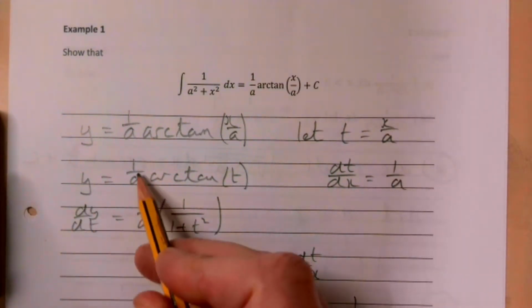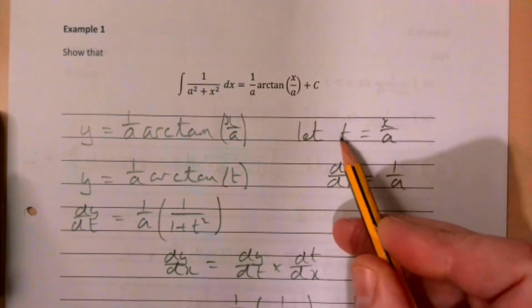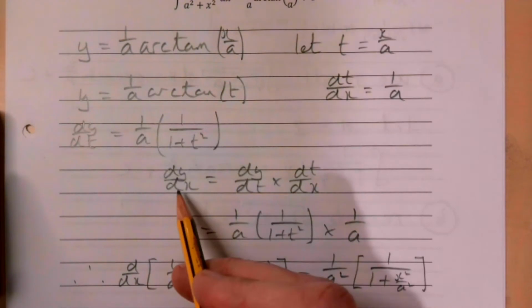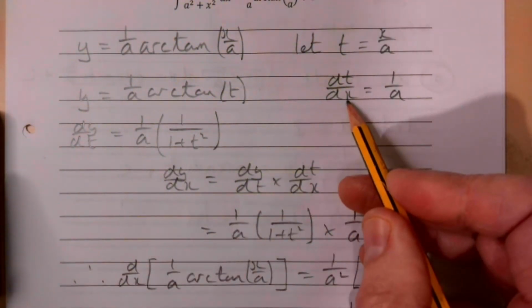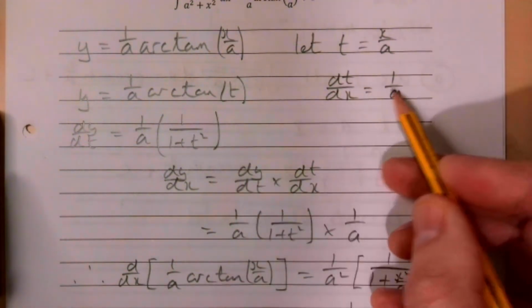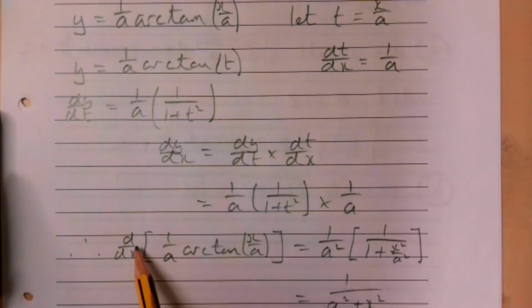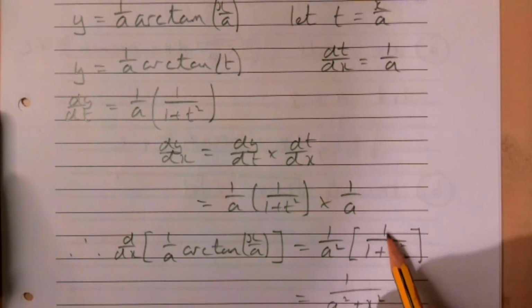dy by dt is 1 over a upon this, and differentiating the t, dt by dx is 1 over a. dy by dx is then dy by dt times dt by dx, so it's this times this. That's what I've written down here. That means, back to our first line, d by dx of 1 over a arc tan x over a is 1 over a squared upon 1 plus x squared over a squared.